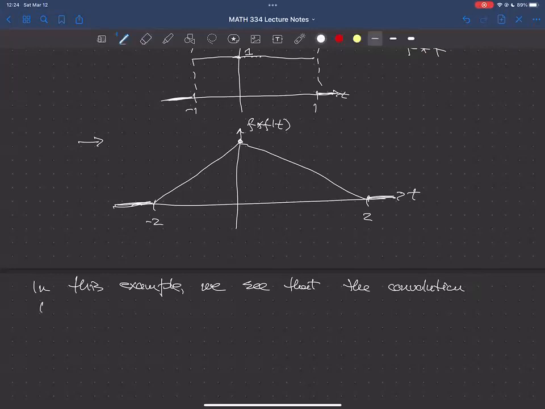One, it smears the support. It takes something which has a support between -1 and 1 and smears it out. And two, it smooths the function.